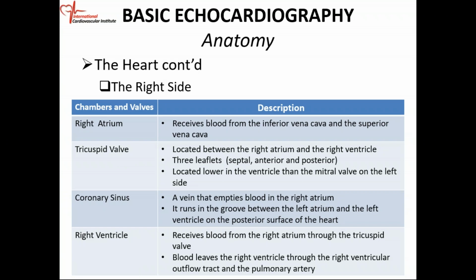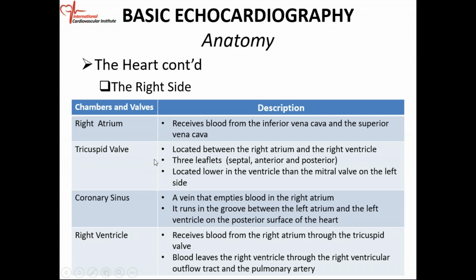So you have to determine which side is left and which side is right, because a patient is going to come to the lab with congenital heart disease, and things are not going to be in the usual position.